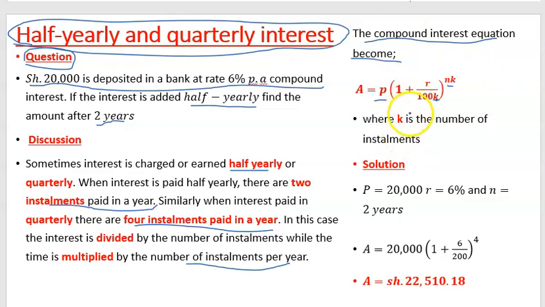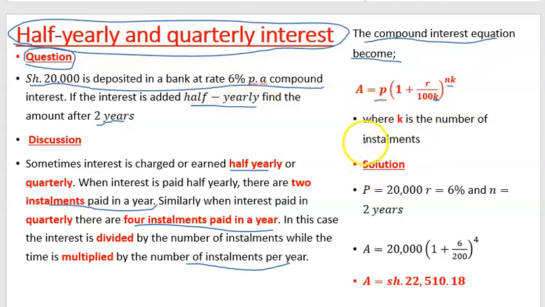For example, if the interest accrues half yearly, k is 2. If it accrues quarterly, k is 4. If it accrues monthly, k is 12. So we divide the rate by the number of installments per year, and the time is multiplied by the number of installments per year.